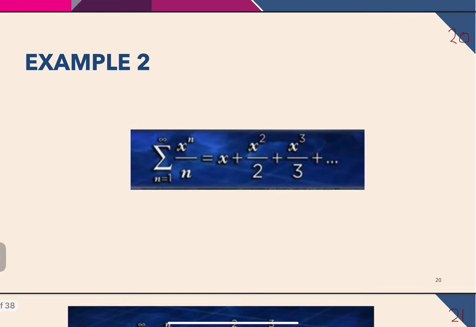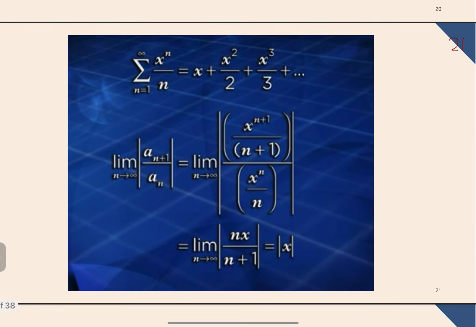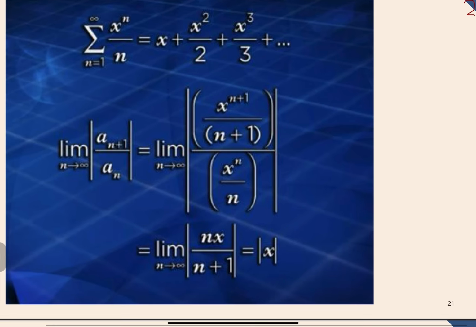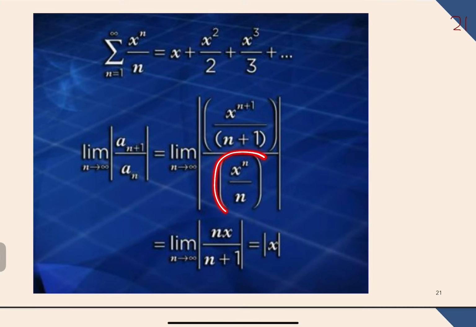Now, let's see where it converges. So we do the ratio test. The denominator is x to the n over n, and the numerator is the next term, which is x to the n plus 1 over n plus 1. Then we apply some simplifications. After simplification, all the x's disappear except for one x in the numerator, and then we flip the denominator, so it becomes n over n plus 1.